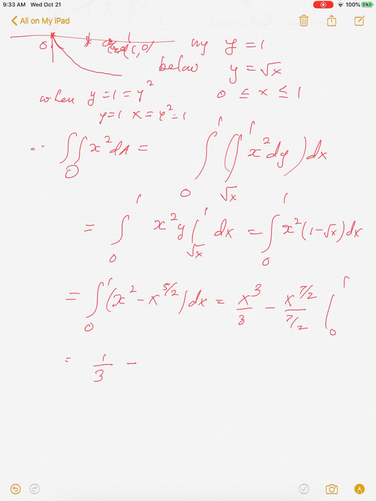So this is going to be 1/3 minus 2 by 7, which is (7 minus 6) by 21, which is 1 over 21.